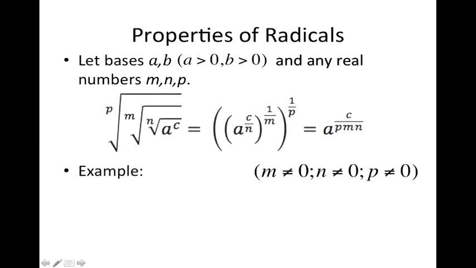Let's have the fourth root of the fifth root of the 6th root of 3 squared. So let's change this innermost radical. It is going to become 3 to the 2 over 6, because our c stays the same. Here's our c, that becomes our numerator.